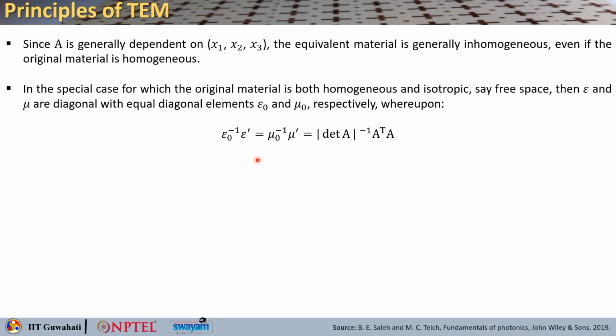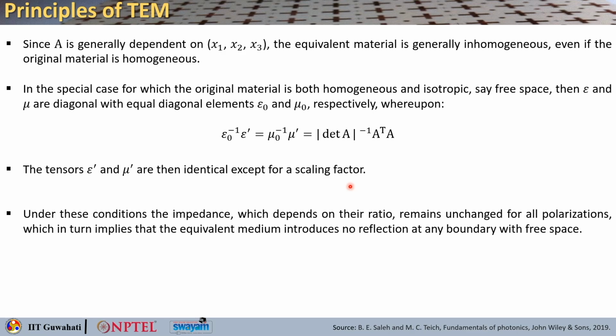In that case you can simply write epsilon naught inverse epsilon prime equal to mu naught inverse mu prime, which will be nothing but determinant of A inverse A transpose A. It is coming from the previous set of equations, nothing new here. What I want to tell here is that the tensors epsilon prime and mu prime are then identical except for a scaling factor. Each has its own scaling factor, so this will remain similar.